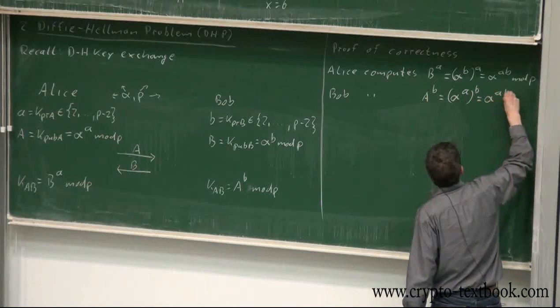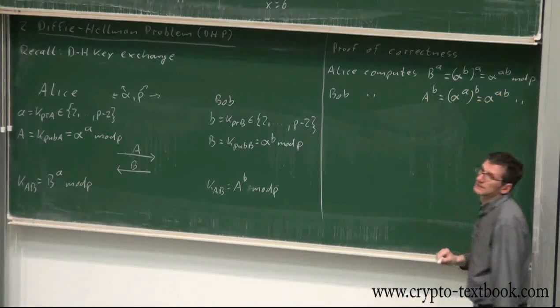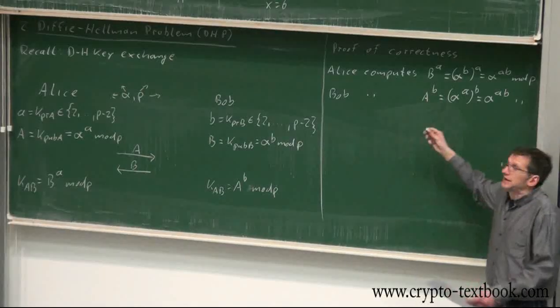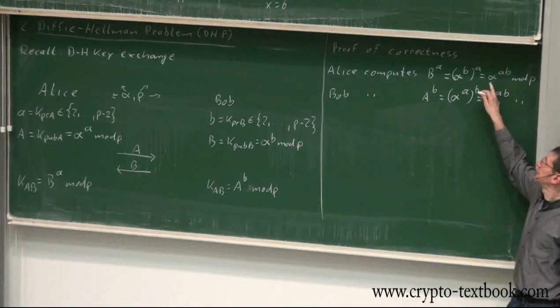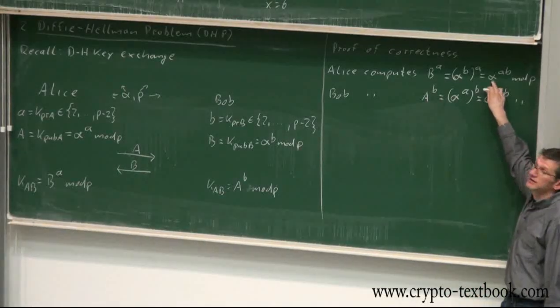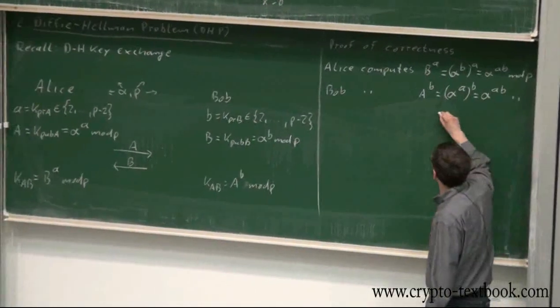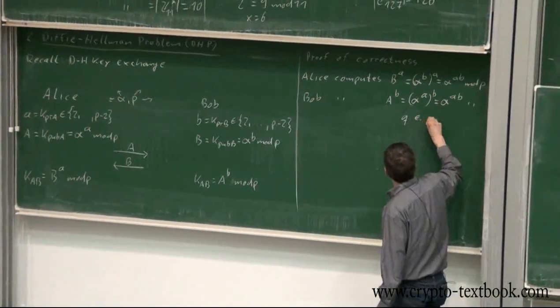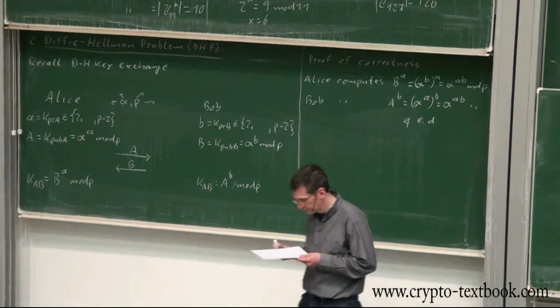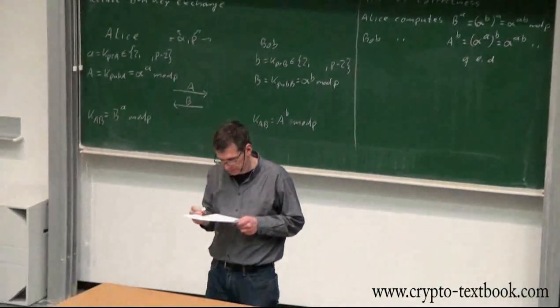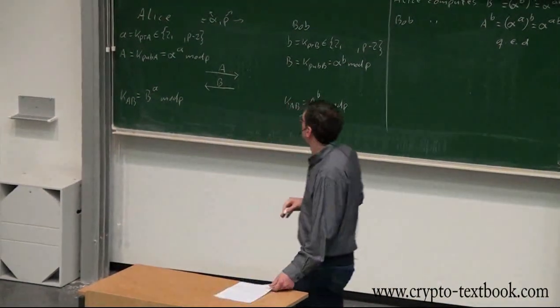This is alpha to the ab modulo p. And that's it, right? Both parties, Alice and Bob, compute effectively alpha to the AB. This is the same number, the same 1024-bit number in practice, or 2000-bit number. This proof of correctness is easy, okay?